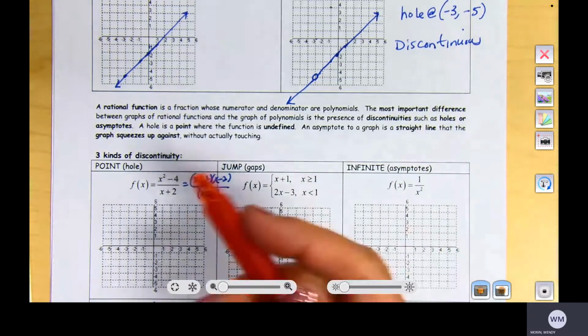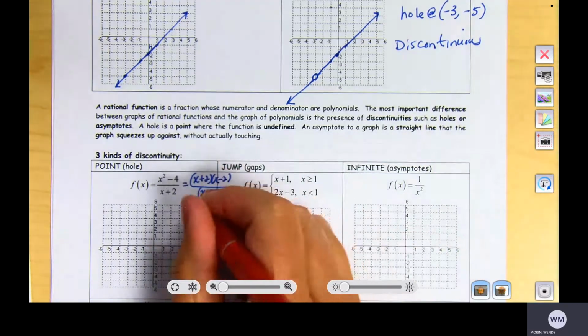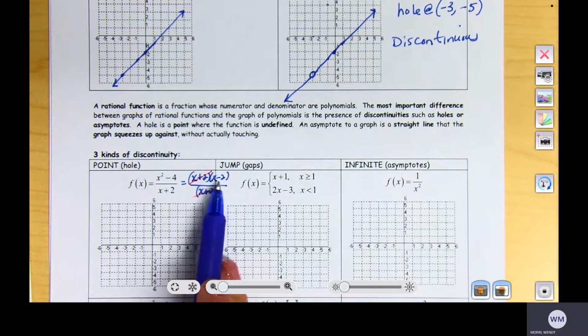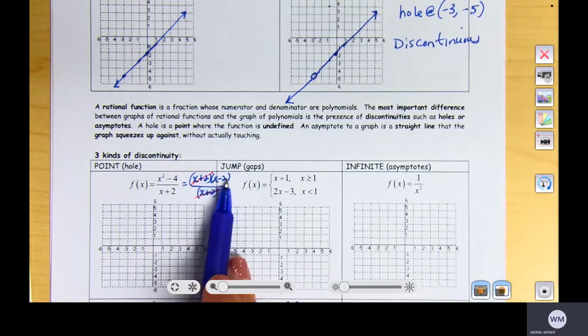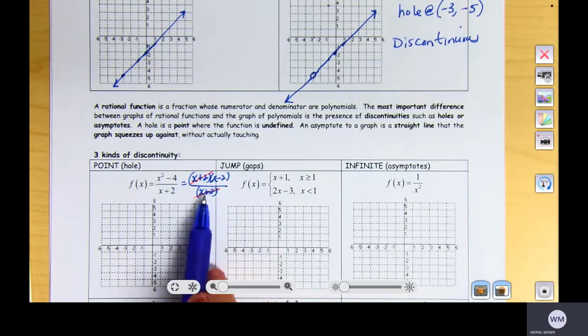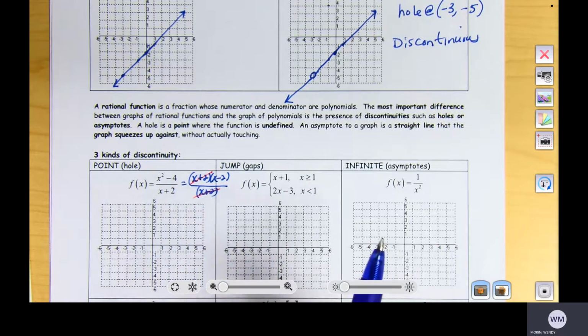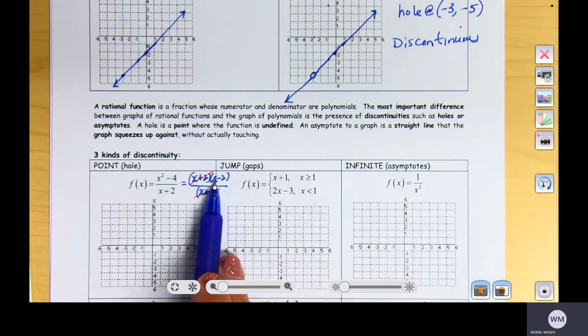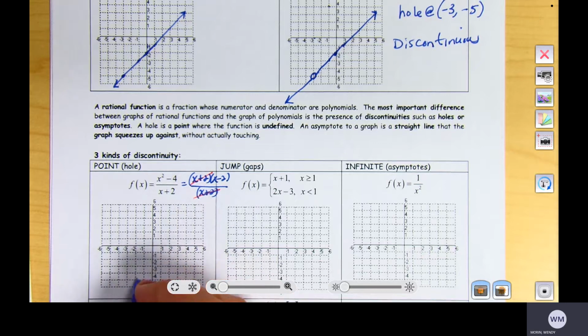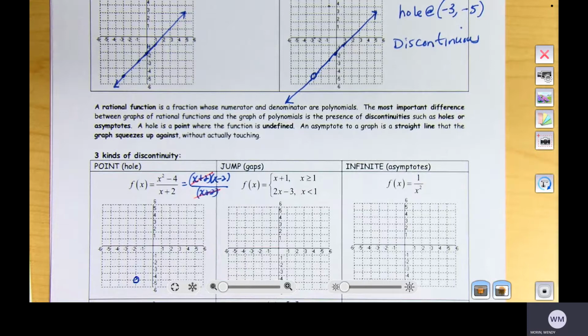So if a factor cancels, you can have multiple factors cancel. You will have multiple holes in the graph. So what's left over is f of x equals x minus 2. Okay, but you have a hole at -2. So -2, -4. There's a hole in the graph.